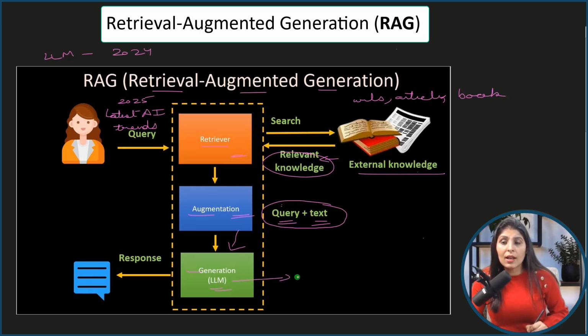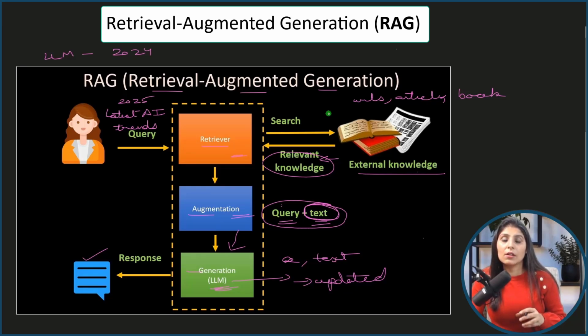Now this LLM has the question of the user. It will also have the updated text, and on the basis of the question, the updated text, and the knowledge which the LLM has, it will create the updated answer. Now your model will provide the reply to the user on the basis of latest data.